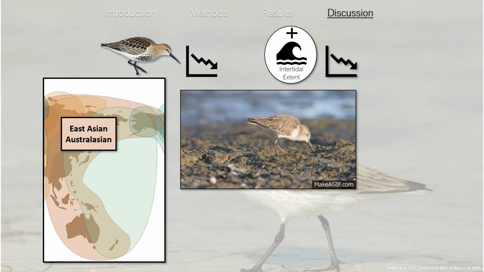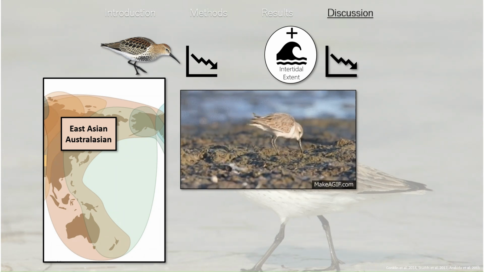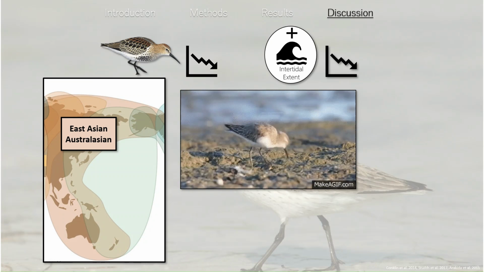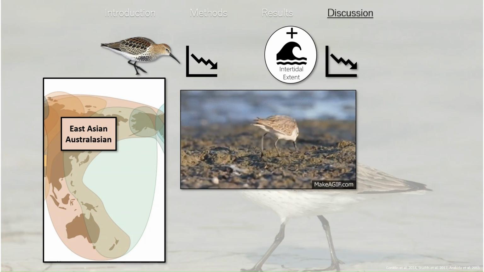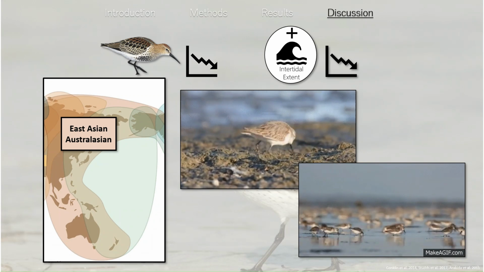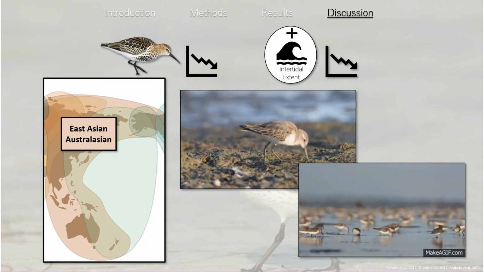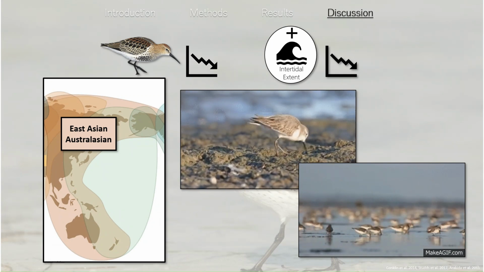So intertidal areas have long been recognized as critical habitat for numerous shorebird species. And the East Asian-Australasian flyway, again, is home to 50 million migratory water birds, but is experiencing fast declines in shorebird population, largely attributed to the loss of tidal flats due to coastal development.